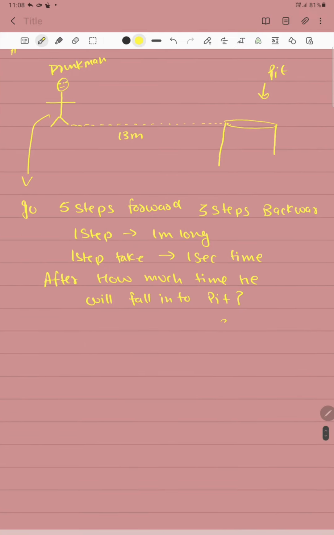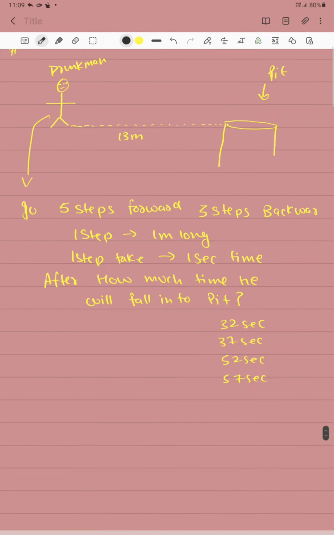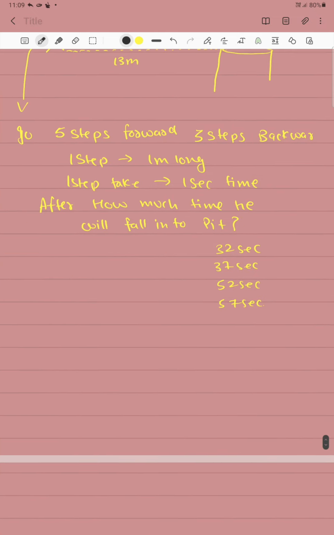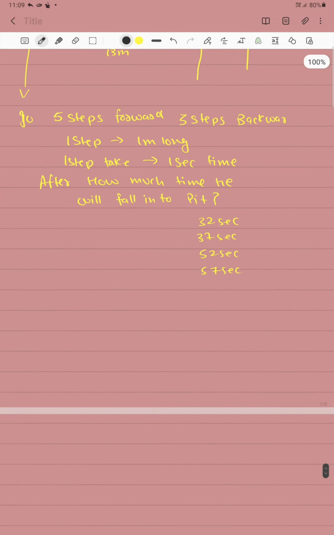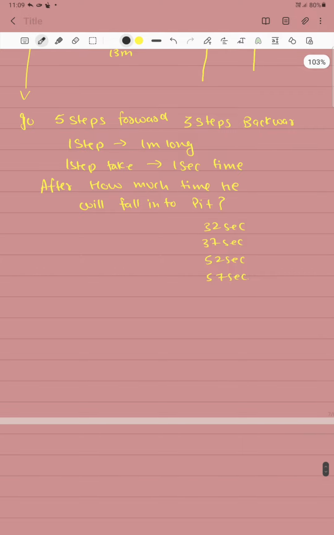And I can give you options also: 32 seconds, 37 seconds, 52 seconds, 57 seconds, right? Try to solve this question and pause this video. If you are watching this on YouTube, pause this video and use your own brain to calculate how much time he will take to fall in the pit, right? So sharing your solution now, because I don't want to make this video very lengthy. In 25 minutes I will finish this.